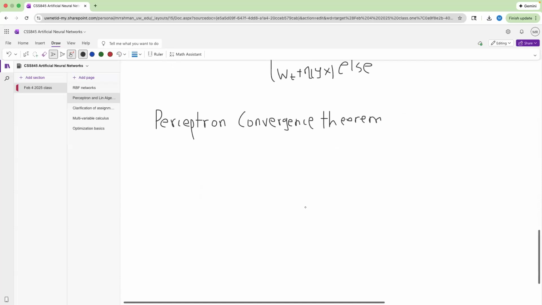And what this theorem is going to say is that we're going to prove this by making some assumptions.